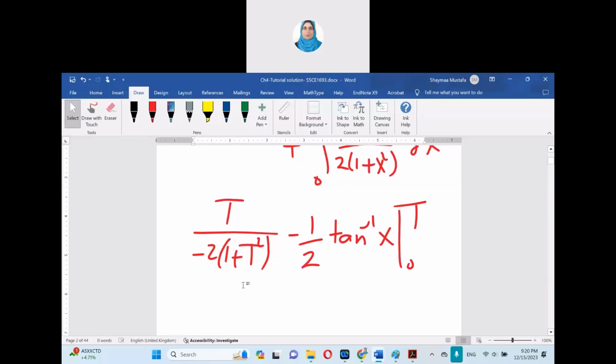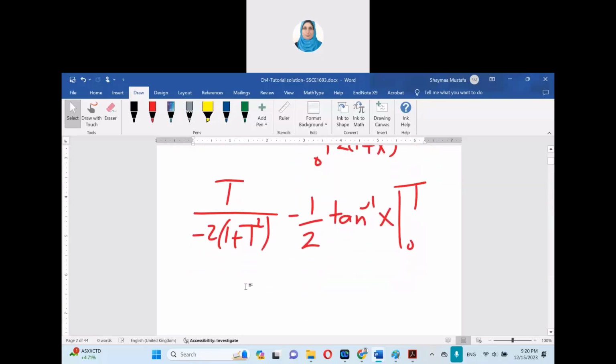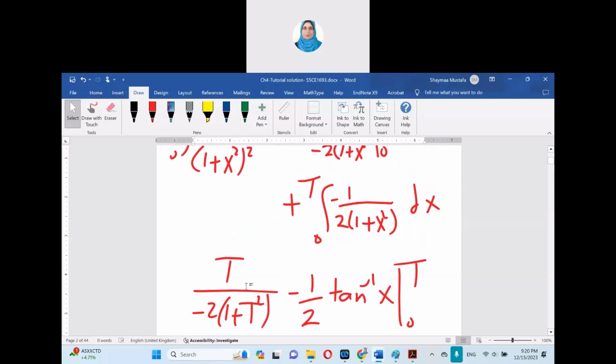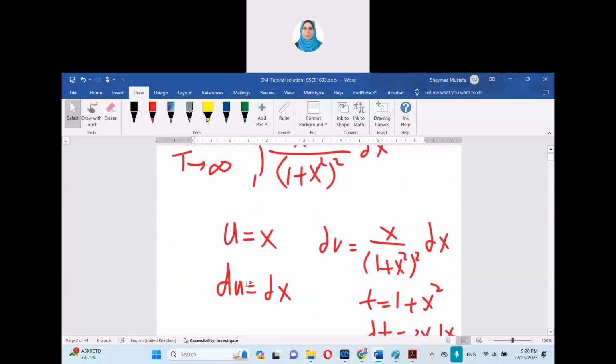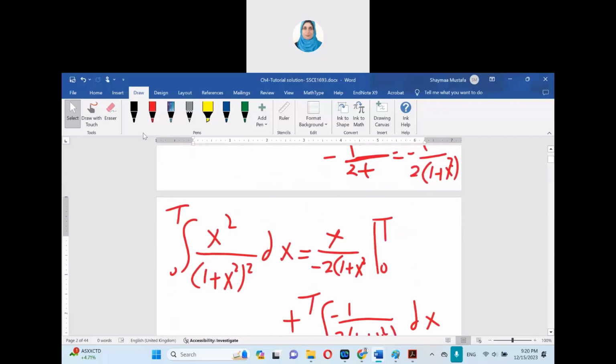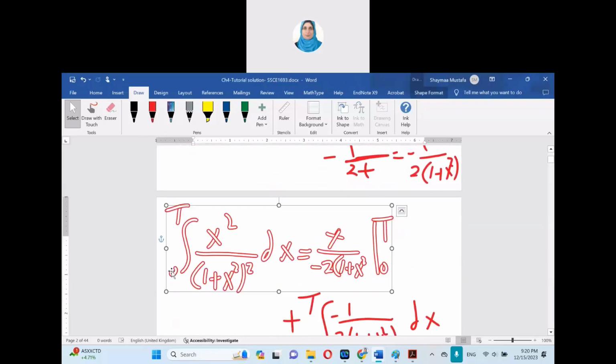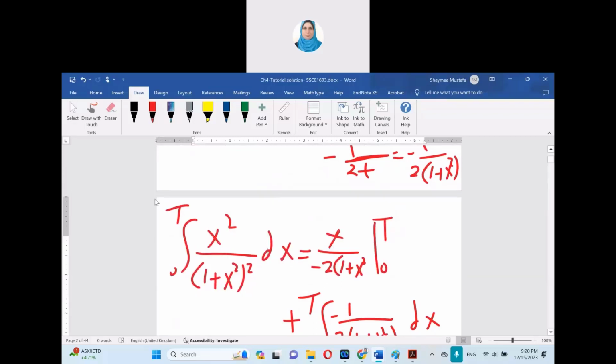Now when you take the limit, you need to substitute t and evaluate, sorry, from 1. So the integration is from 1.